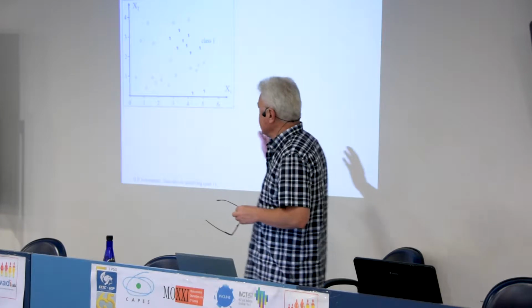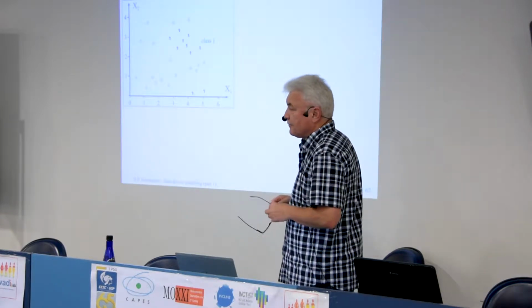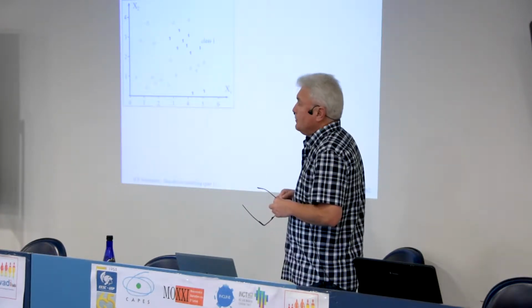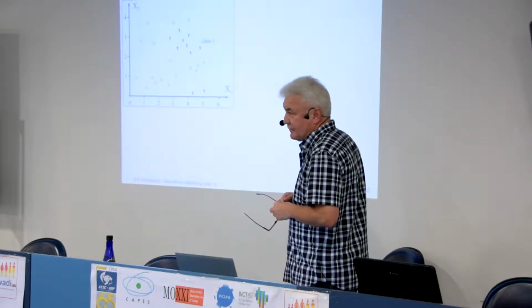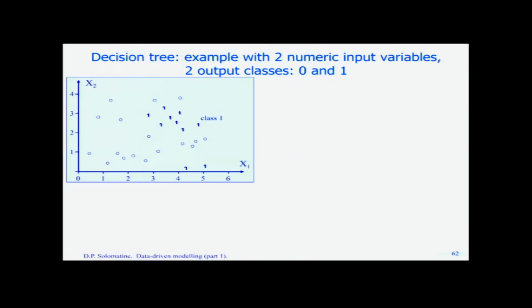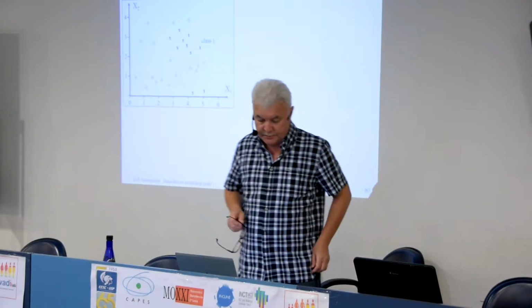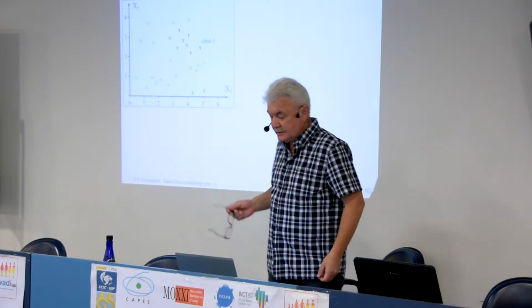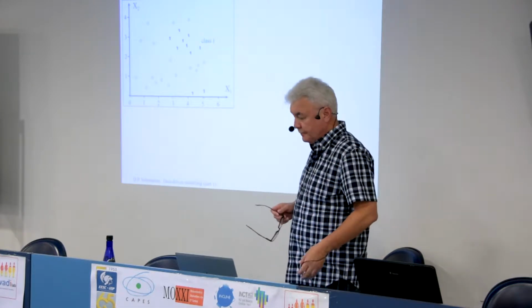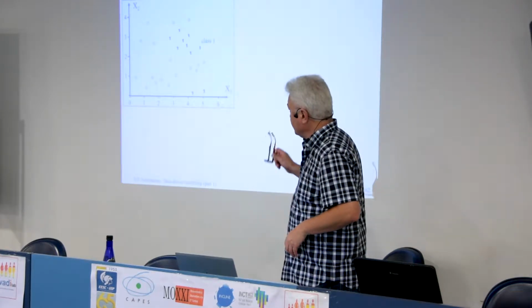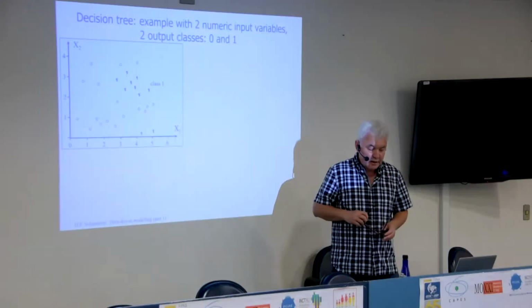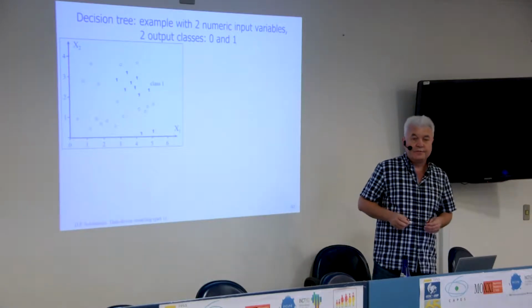Now, what we considered here is the algorithm for building a classifier. A classifier is a data-driven model that is able to classify newly coming input vectors into one of the classes which we accept for this particular problem. So in this case, again, we have classes 0 and 1, and we want to classify newly coming vectors into one of the classes.